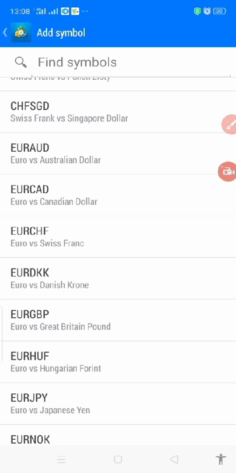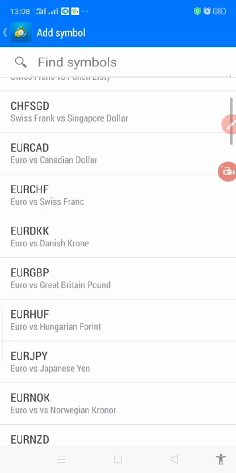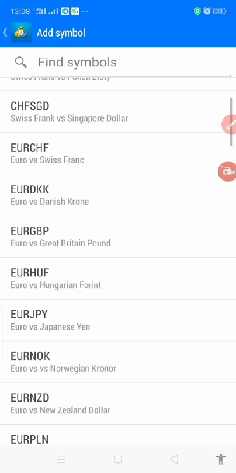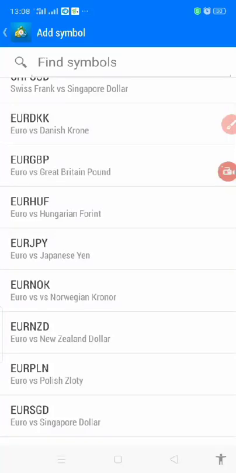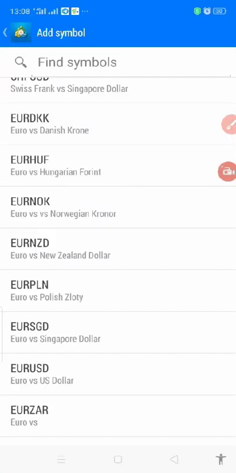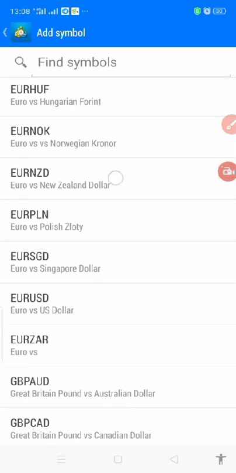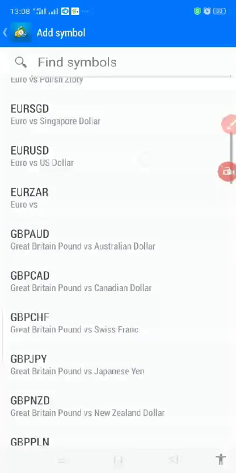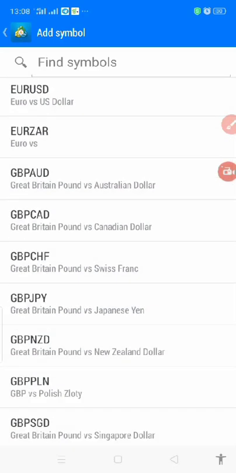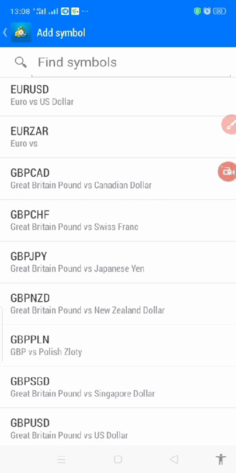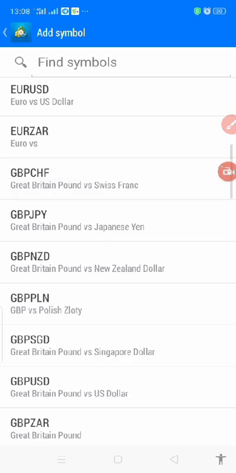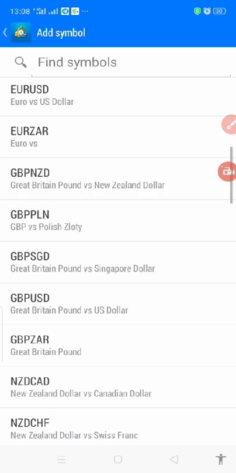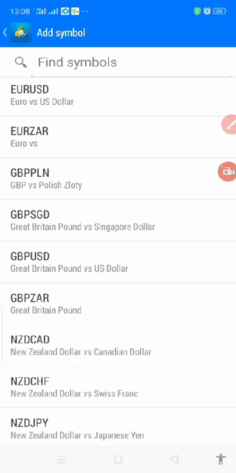We have Euro AUD. It's a minor pair. Euro CAD, Euro CHF, Euro GBP, Euro Japanese yen, Euro NZD. These are pairs that I trade often. Some persons do trade other ones. And GBP Australian dollars, GBP Canadian dollars, GBP CHF, GBP JPY, GBP NZD, GBP USD.